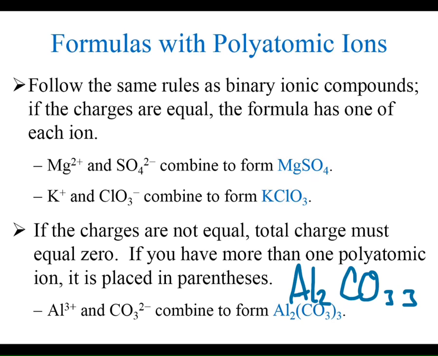I mean I want 3 of the whole polyatomic. So I put the polyatomic in parentheses to show it's 3 of whatever is inside those parentheses. So again, whenever you have more than 1 polyatomic, you're going to put it in parentheses. If you only have 1, you don't have to do that. Just put SO4 or ClO3. If you have more than 1, we'll put it in parentheses.